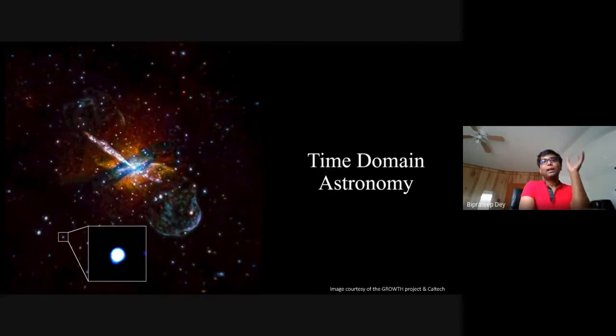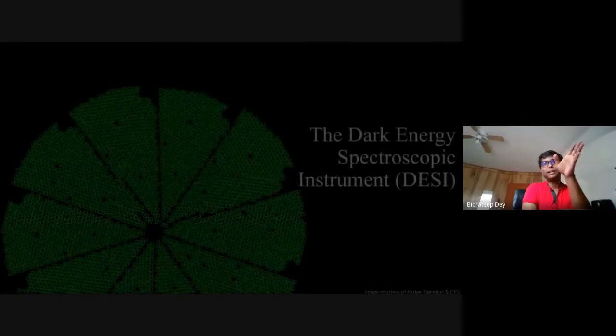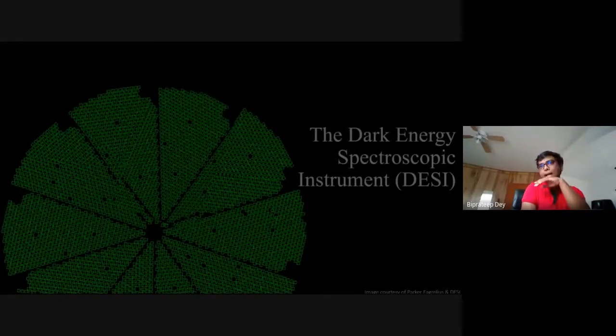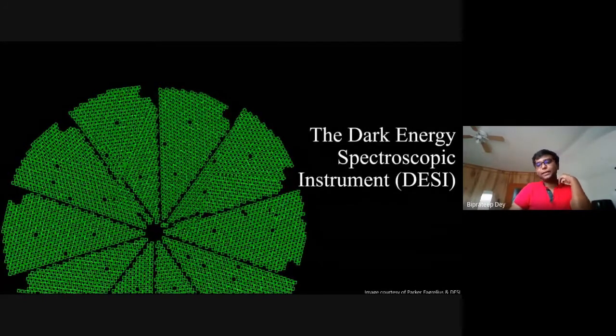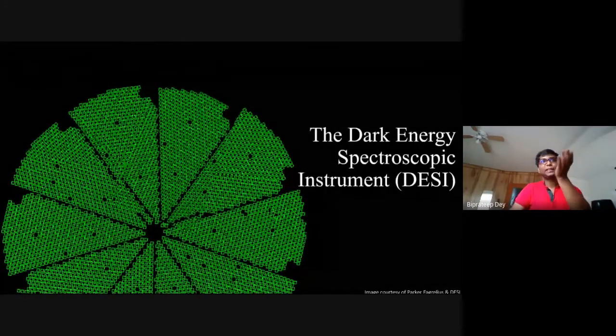So I told you what a sky survey is and gave a brief overview of different things that you can do using a sky survey. Now the question is, how do you do it? I might have mentioned to you the Sloan Digital Sky Survey, which is a very successful project and has contributed significantly to the evolution of knowledge about the universe.